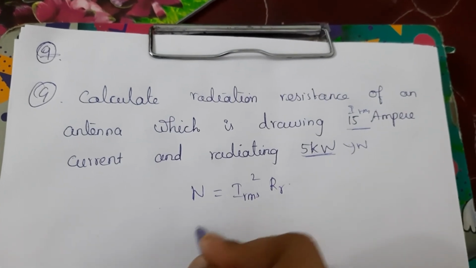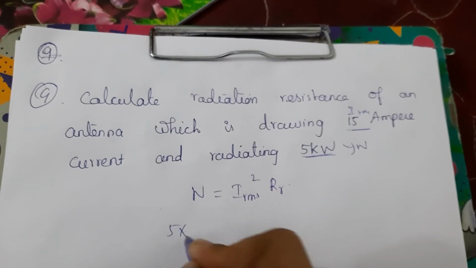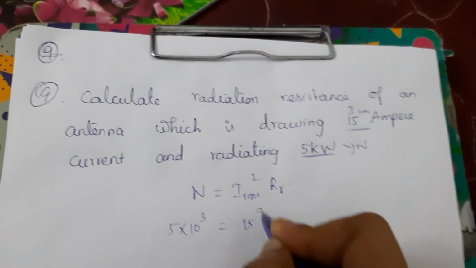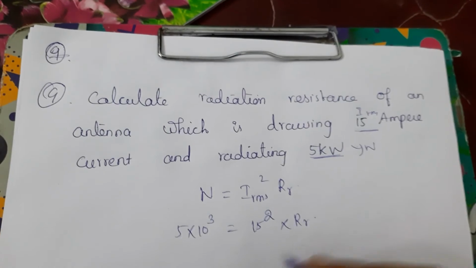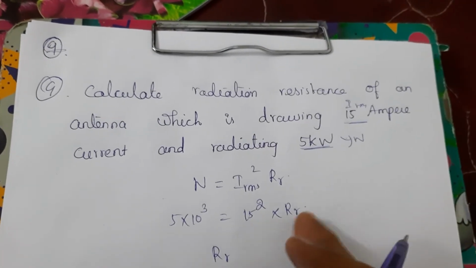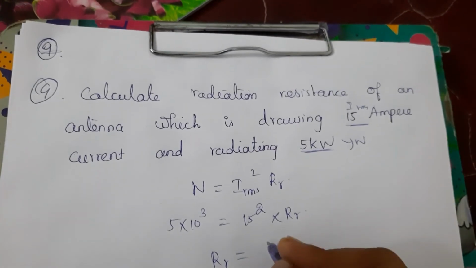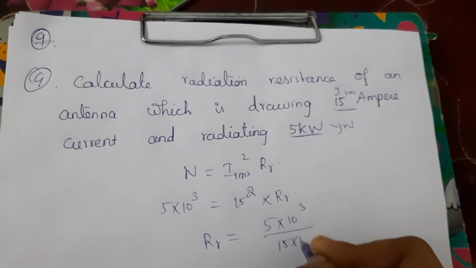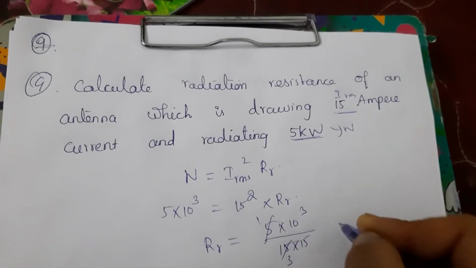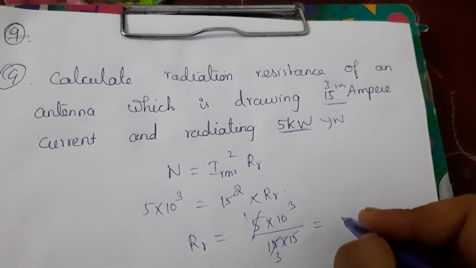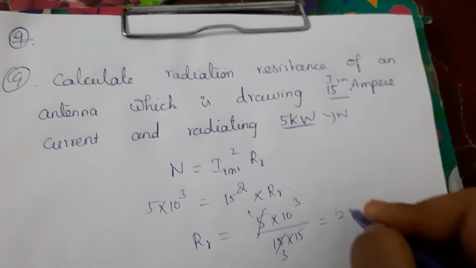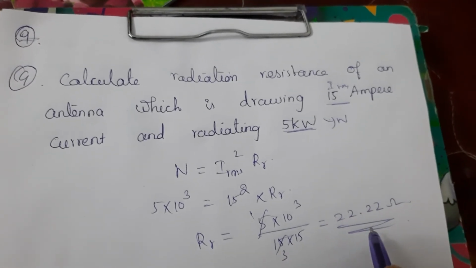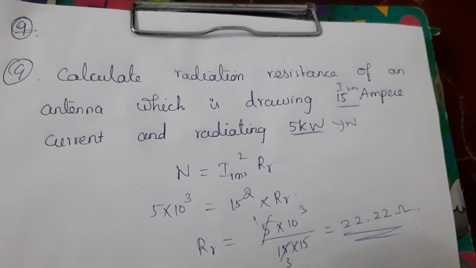So here 5 kilowatt is equal to 15 squared into RR. So radiation resistance is given as 5 into 10 to the power 3 divided by 15 into 15. So 1 by 3. Solving this, we will get 22.22 ohm. So the radiation resistance here is 22.22 ohm.